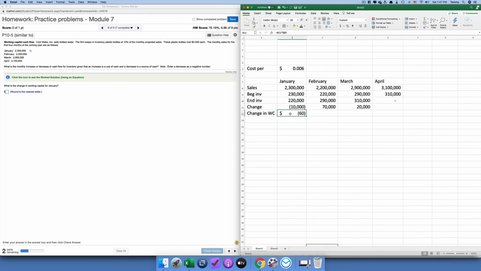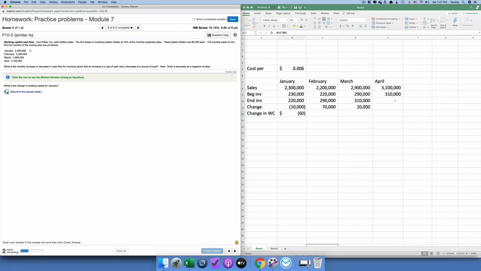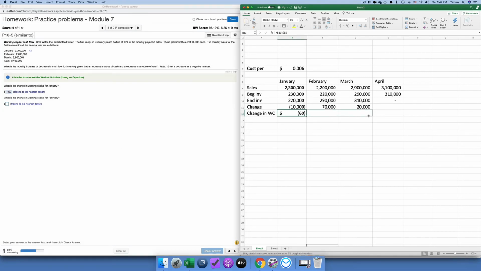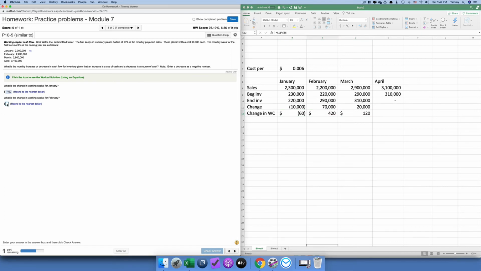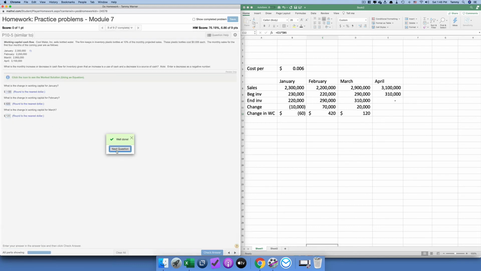So our change in working capital in January is a $60 reduction. And then we can just copy this out. We've got $420 more in working capital tied up in our inventory in February. And in March, we've got $120 more than we began with tied up in our inventory. And there it is.